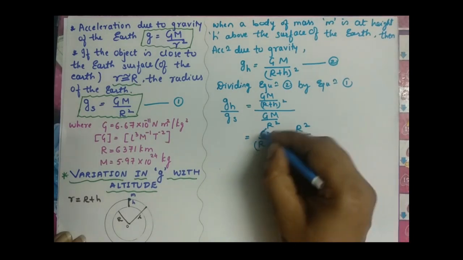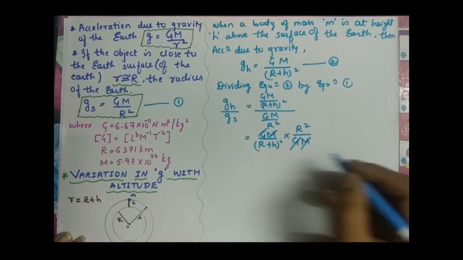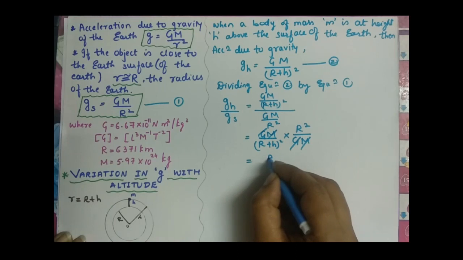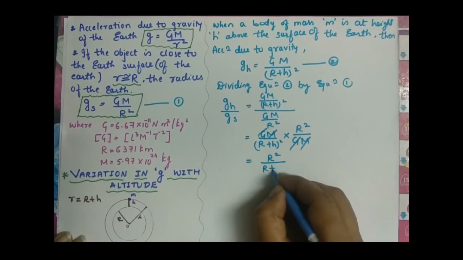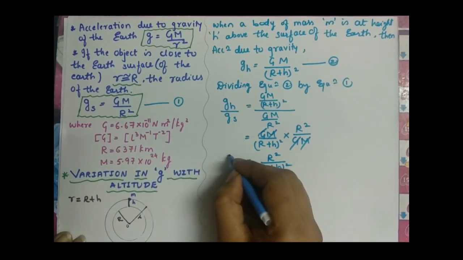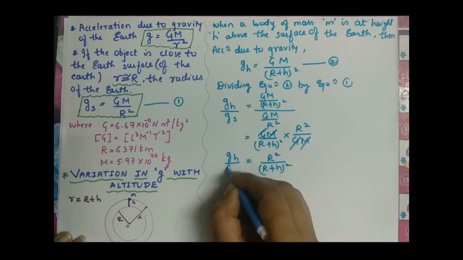Now G, M get cancelled. What are you left with? R² divided by (R + h)². And in LHS you have g_h / g_s.